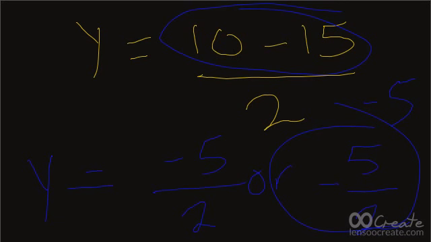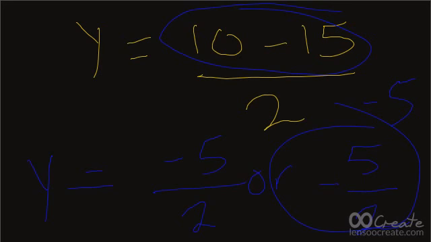And the reason why it's our final answer is because if I was to take 5 and divide it by 2, I would get a decimal answer. So I'm going to keep it as 5 divided by 2 because that's keeping it in fraction form.